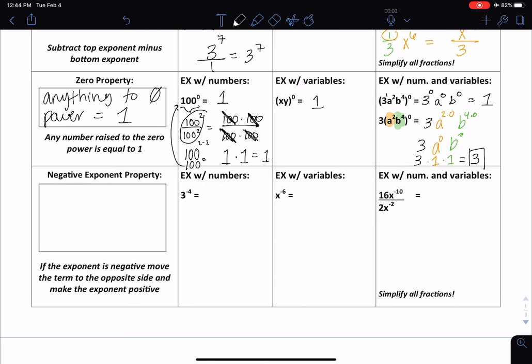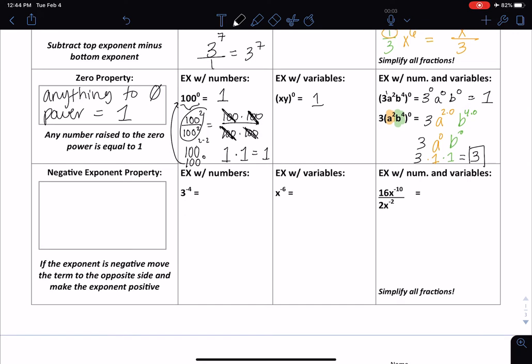So the negative exponent rule is pretty much, in math, it's improper to write an exponent as a negative in your final answer. So to make an exponent not become negative, we move where it's located.